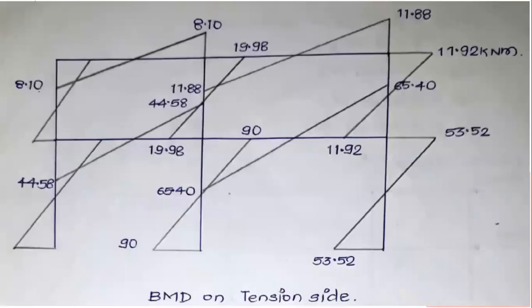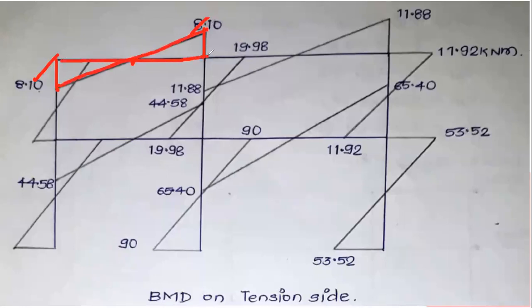So that's why in the BMD this is 8.1. Both the moments are in the same direction, so the BMD will cross the reference line. Here it will be downward, and at the next point it will be upward. The bending moment at midspan will definitely be 0, because these are the points of inflection, or points of contraflexure, joined with a straight line.